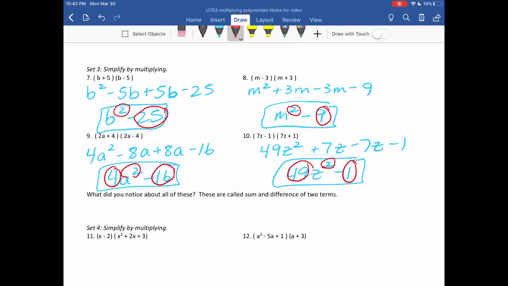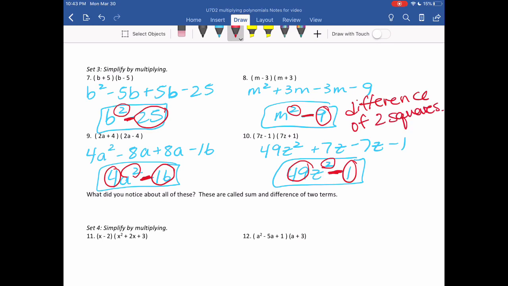The other thing I want you to notice is that all of my answers are something minus something. B squared minus 25, m squared minus 9, 4a squared minus 16, 49z squared minus 1, right? So these solutions here are called difference of 2 squares.